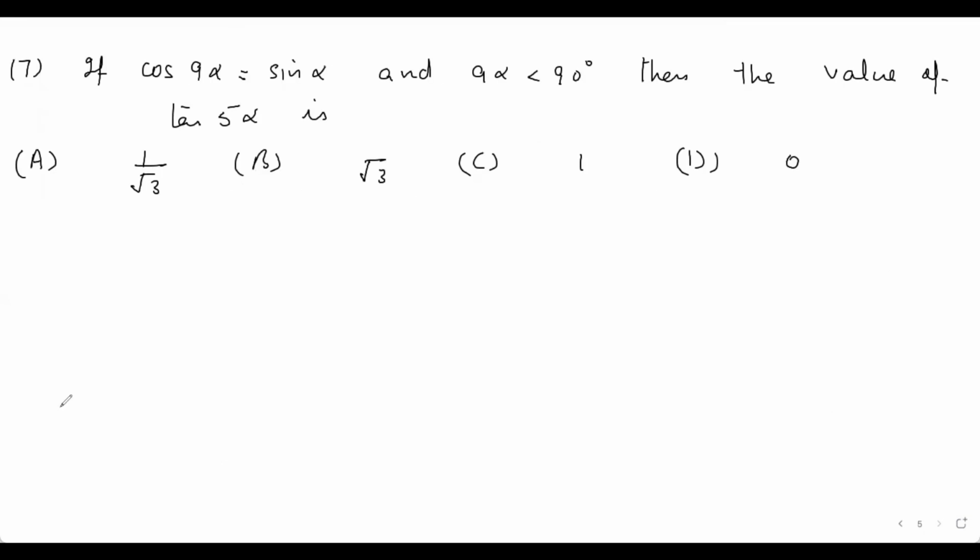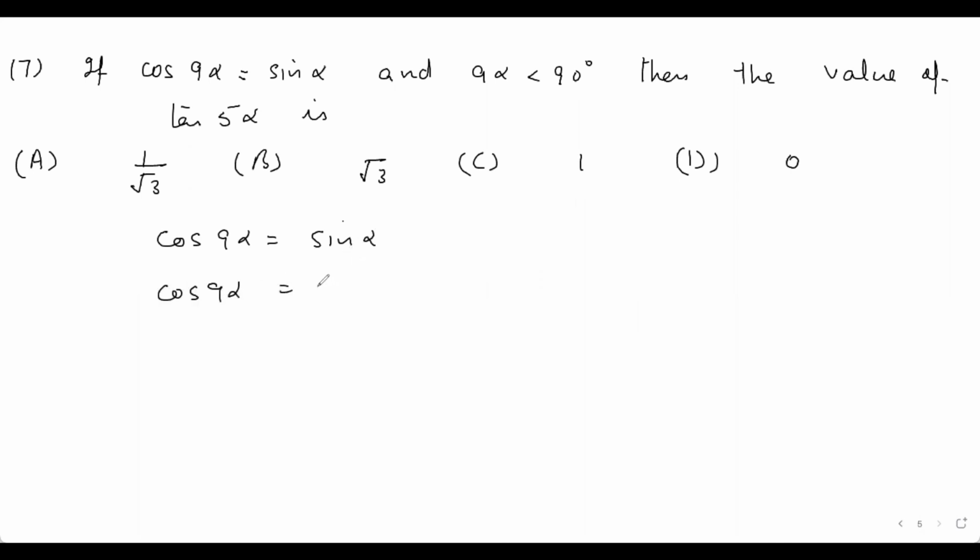Now the 7th question is, if cos 9 alpha is equal to sin alpha, and 9 alpha is less than 90 degree, then the value of tan 5 alpha is, there are 4 options. Find the right one. Now it is given cos 9 alpha is equal to sin alpha. I am to find the value of alpha first. So this is cos 9 alpha.